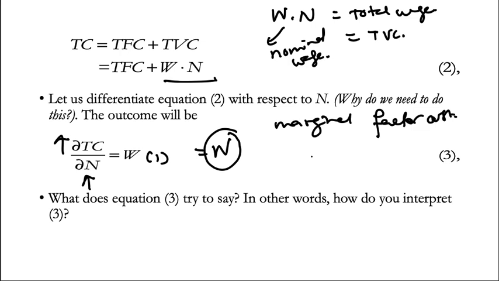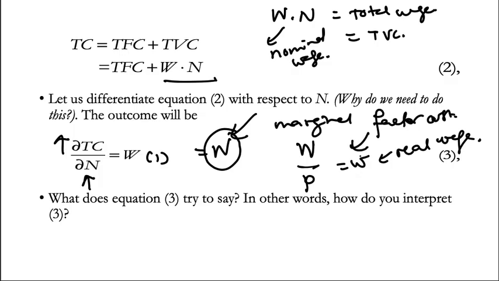W is nominal wage. Okay, if we want it to be real wage, it's very simple. Capital W divided by price level, you get real wage. So this one is real wage per hour. Okay, what I mean here. So this is the price of labor in the nominal term. This is the price of labor in the real term.